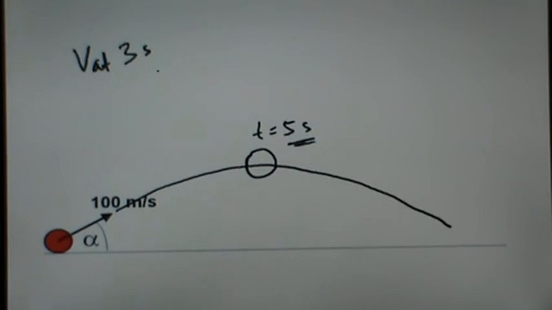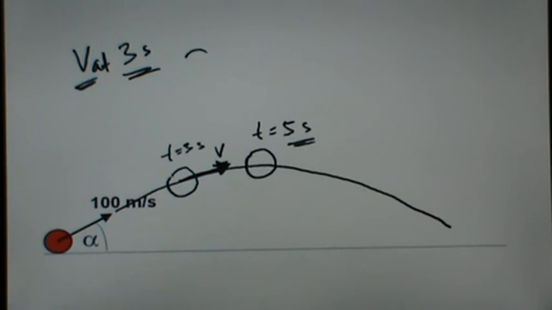So 3 seconds here will be before the highest point. So let's say this is t equal to 3 seconds. If we want to find the velocity at 3 seconds, we need to see that this is the velocity at 3 seconds.